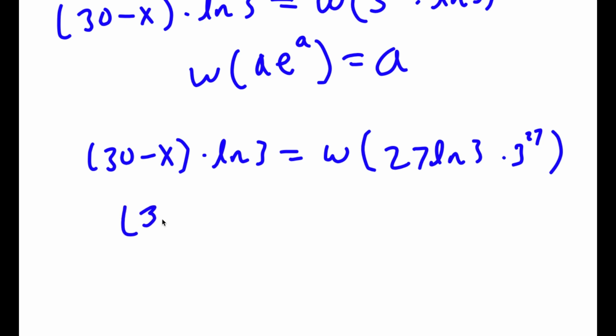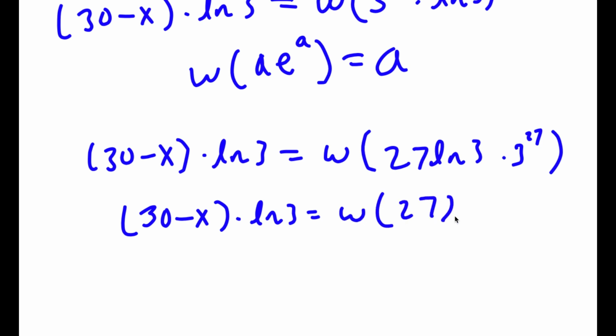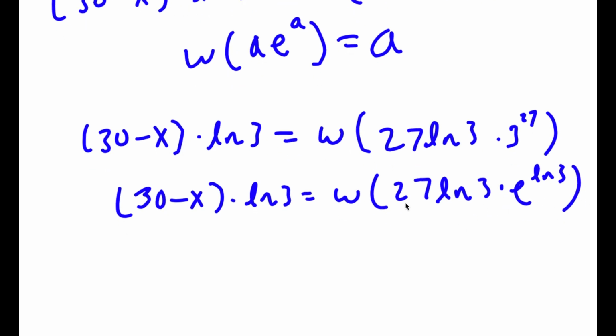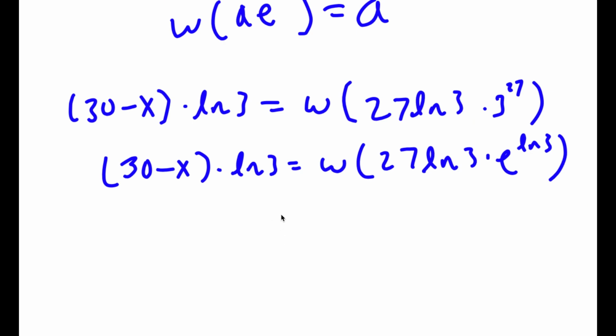Now I can write this as 30 minus x times ln 3 is equal to the Lambert W function of 27 times ln 3 times e to the power of 27 ln 3. And now I can simplify this to 30 minus x times ln 3 is equal to 27 ln 3, because the Lambert W function is in the right form, so this is simply equal to 27 ln 3.